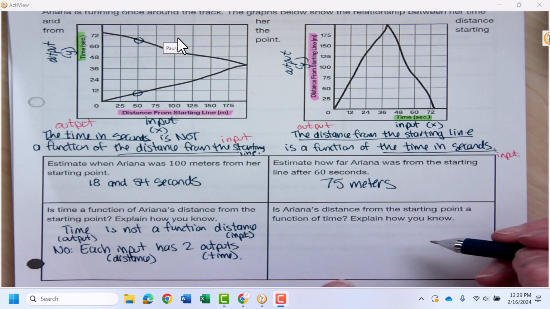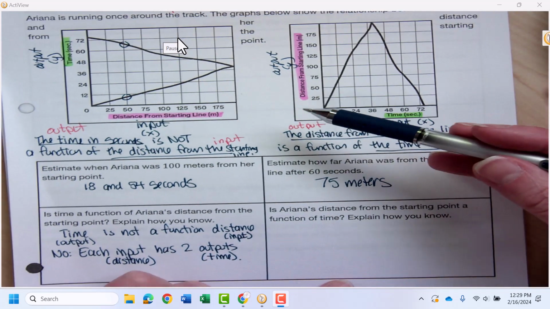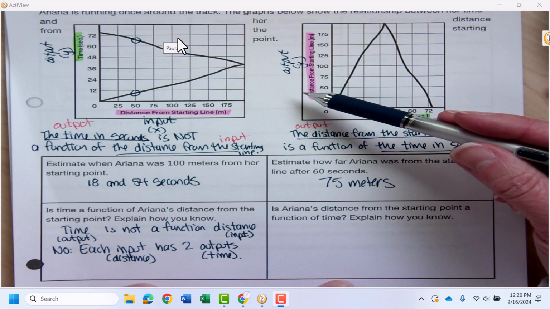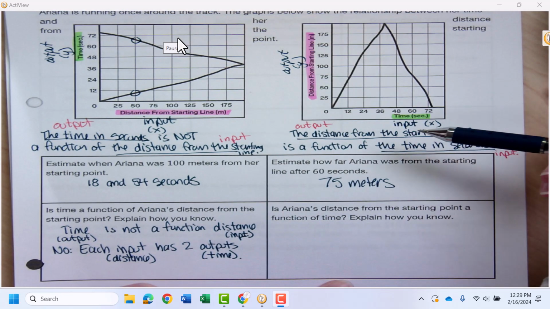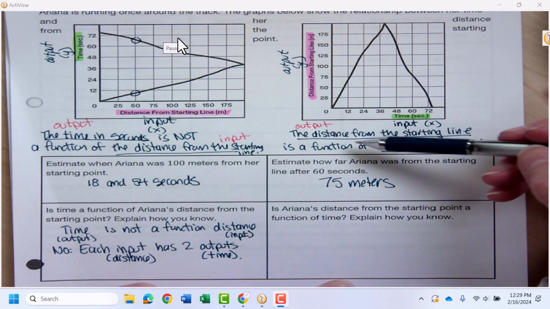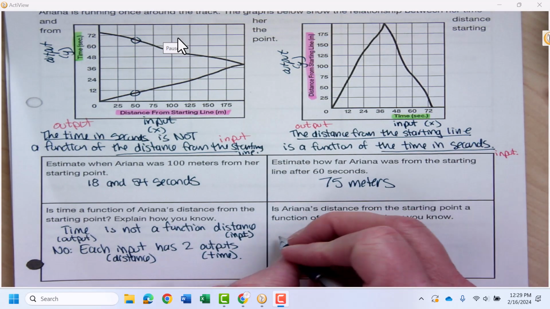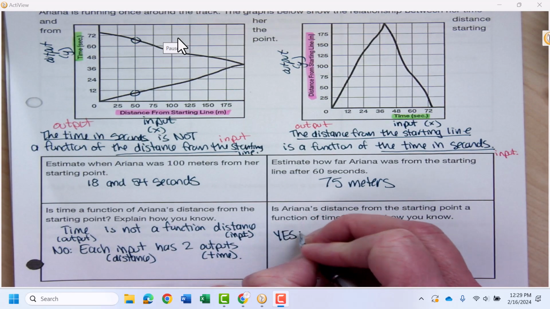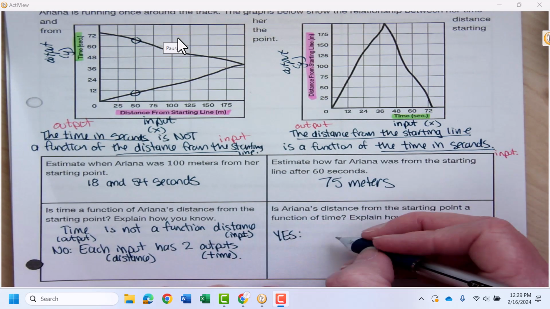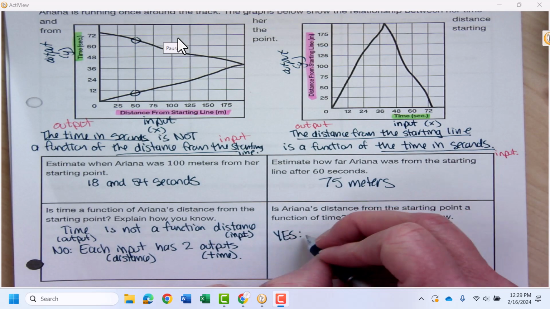But with this graph, is the distance from the starting point a function of time? This time, yes, it is. We just said up here, the distance is a function of time because each input shows only one output.